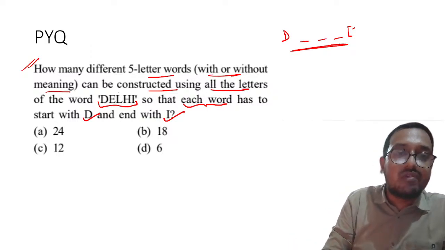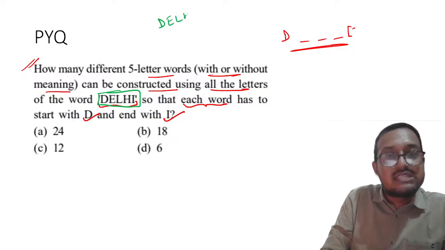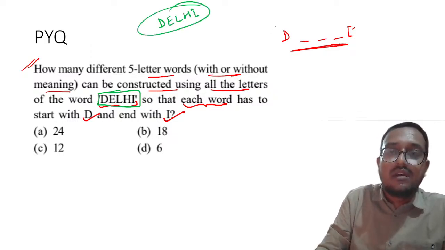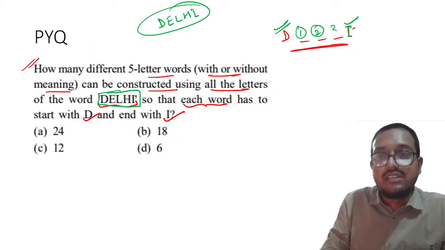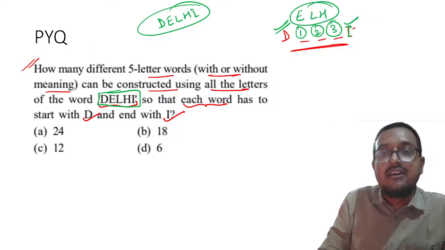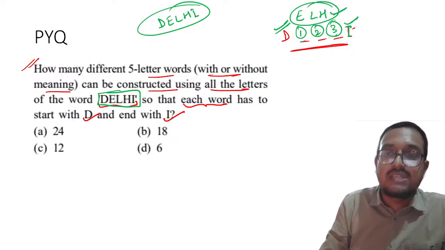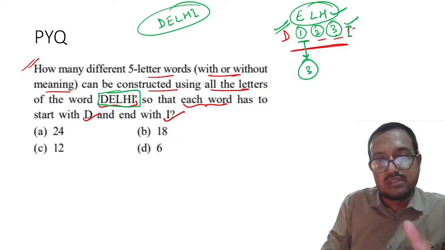See, my dear students, we have got a word Delhi. And the question says that you have to keep D and I constant, and the only variable things are these three positions. And what are the left ones? E, L, H, right? So you know that 3 contenders are there, 3 places are there. The first place can have 3 options. Why 3?